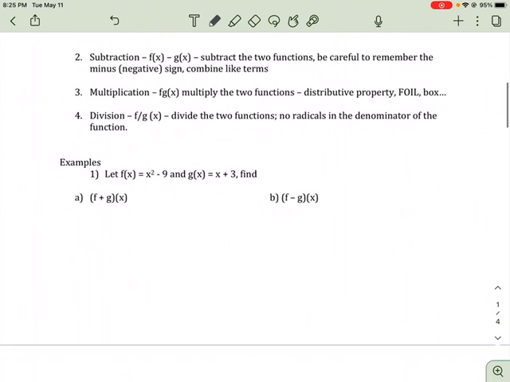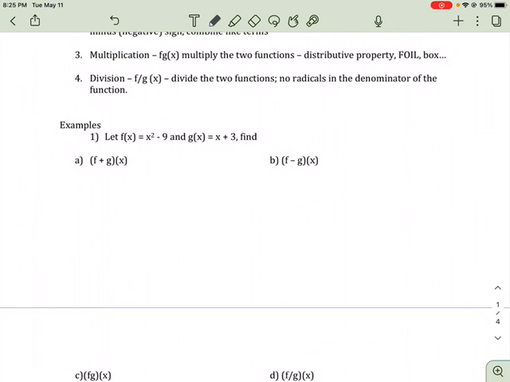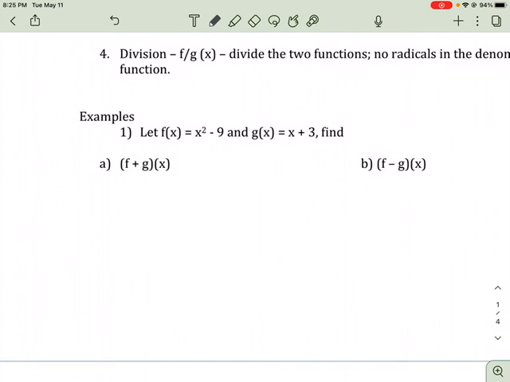All right, so let's start with just our operations. Here are our two functions. f of x is x squared minus 9, g of x is x plus 3. So we're going to add them. So I'm just going to go (x squared minus 9) plus (x plus 3).